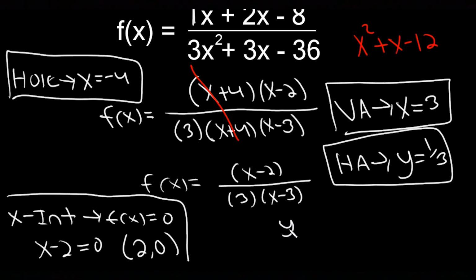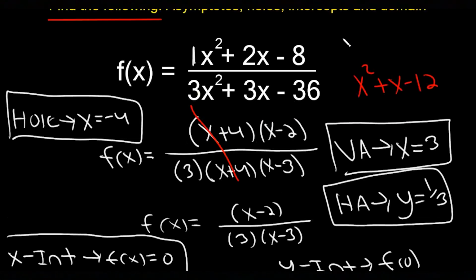Now to find the y-intercept, we're going to be plugging a 0 into x. So for the y-intercept, we're going to be doing f of 0, okay? And we talked about how the result will always be your constants, okay? So if I plug a 0 into x here, what am I left with? And you may have to go back to the original. That way you can see what will happen here. So if you plug a 0 in, if I scroll up, you're going to see that you're going to be left with -8 and -36, okay?